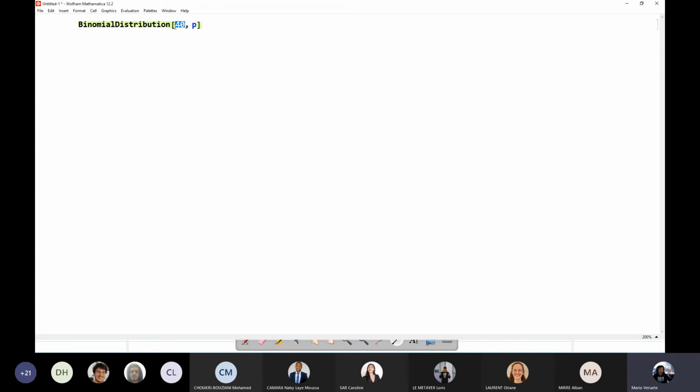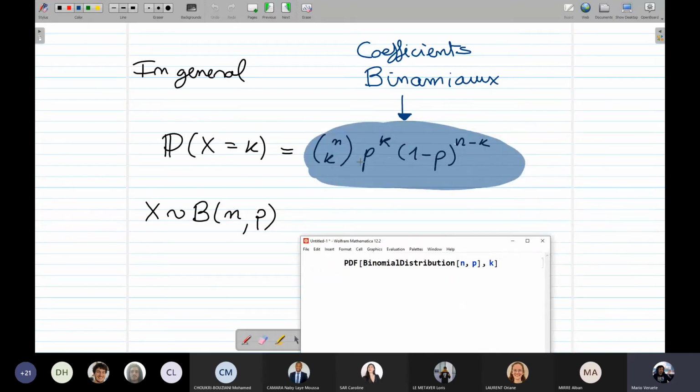If you use the function BinomialDistribution[n, p], this will construct a random variable using those parameters. Now I can ask for the probability distribution function, the PDF, with value k. So this blue formula is exactly that: p power k, 1 minus p power n minus k, and the binomial coefficient n k.